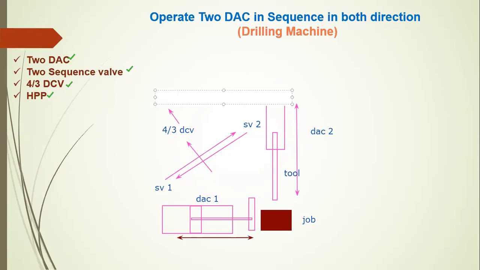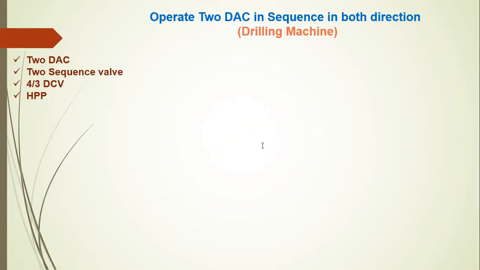HPP means hydraulic power pack. It contains one pressure relief valve, one hydraulic pump and motor set, and one hydraulic tank. This is the basic diagram to operate the drilling machine. Let's start to draw the drilling machine circuit.